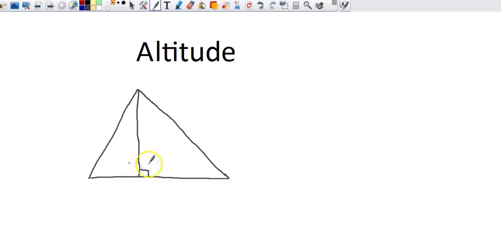No special relationship for the lengths. If I were to rotate this around, the height would look something like that. And this height would look like that. If I were to draw this perfectly, again, these would meet at the same spot. We call that spot the orthocenter.